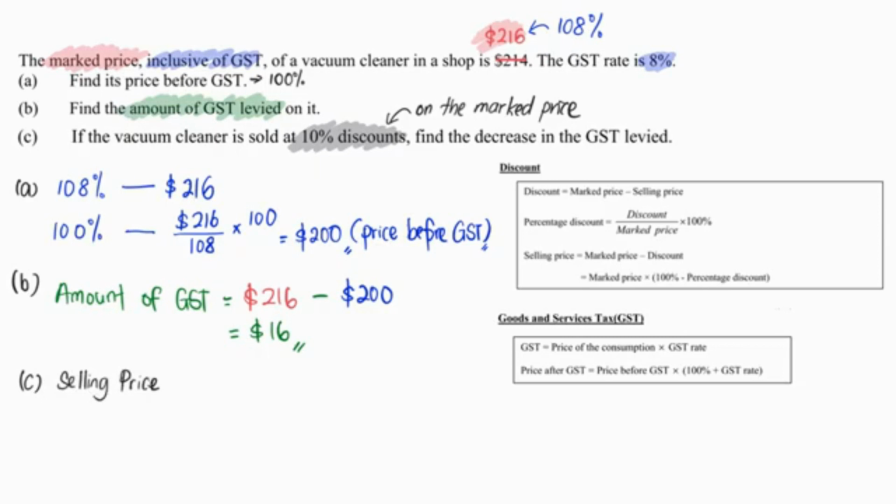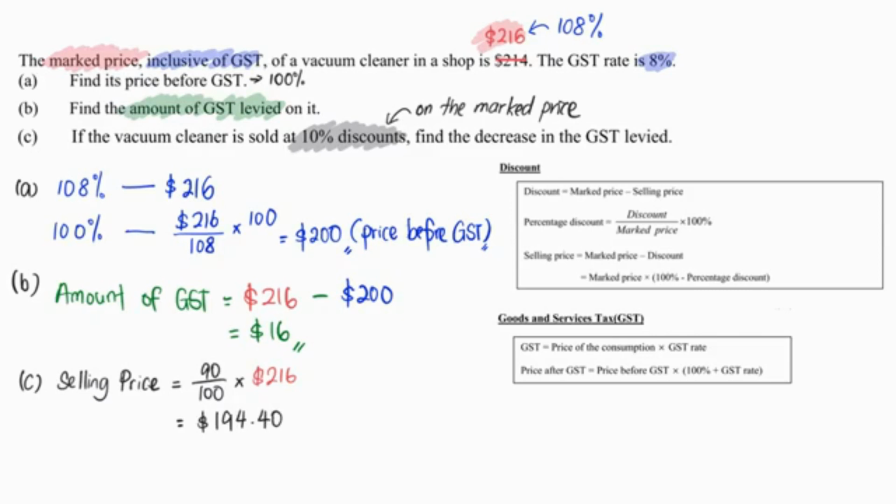If I have a 10% discount, the selling price will be 90% of the mark price, $216. And this will give me a value of $194.40.